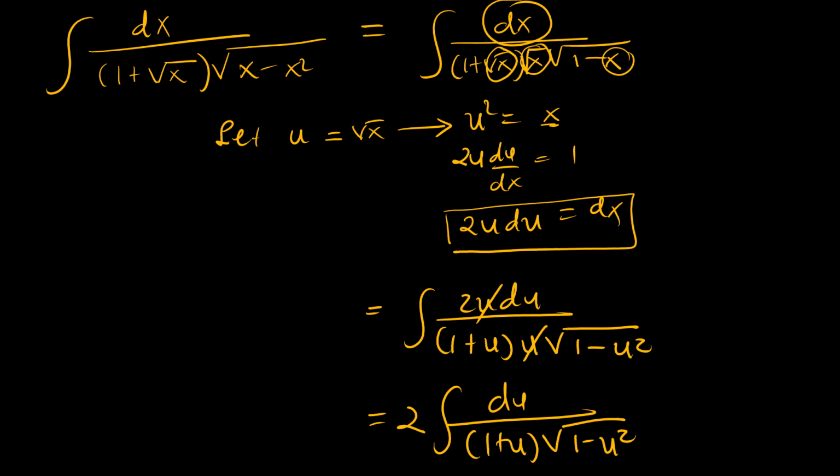Let's continue. Our problem now is 2 over 1 plus u, square root of 1 minus u squared.